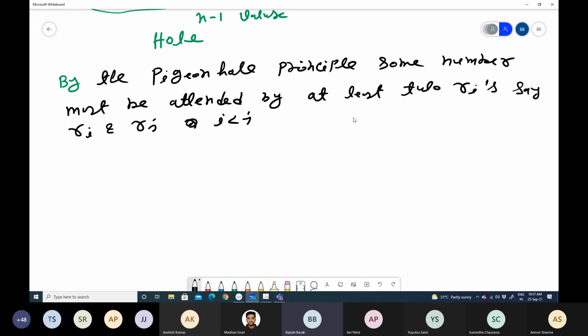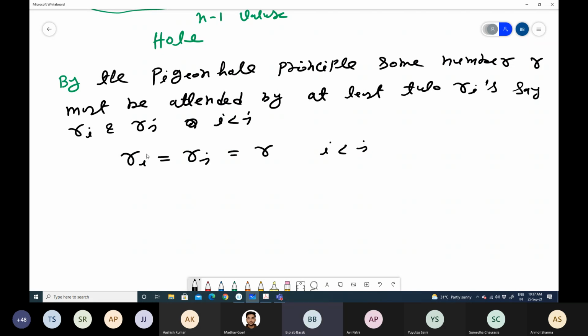In other words, we are saying that ri equals rj. Say this common value is r. We are saying that ri equals rj equals r, and i is less than j.